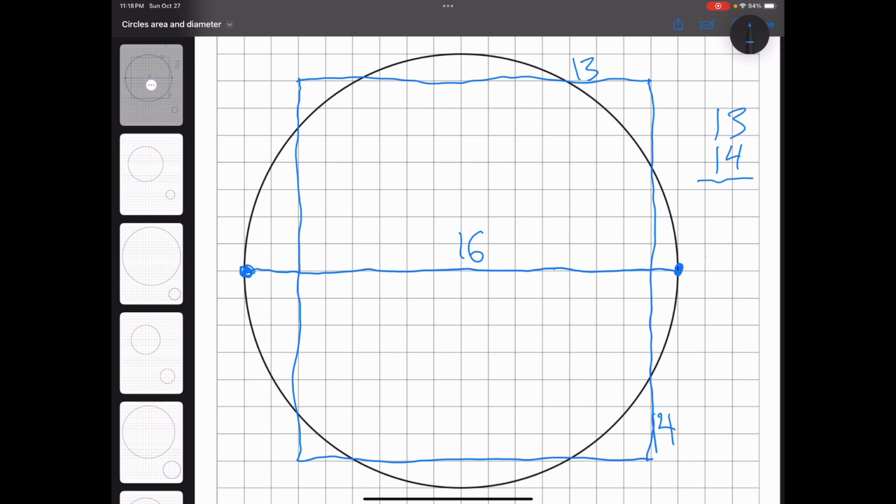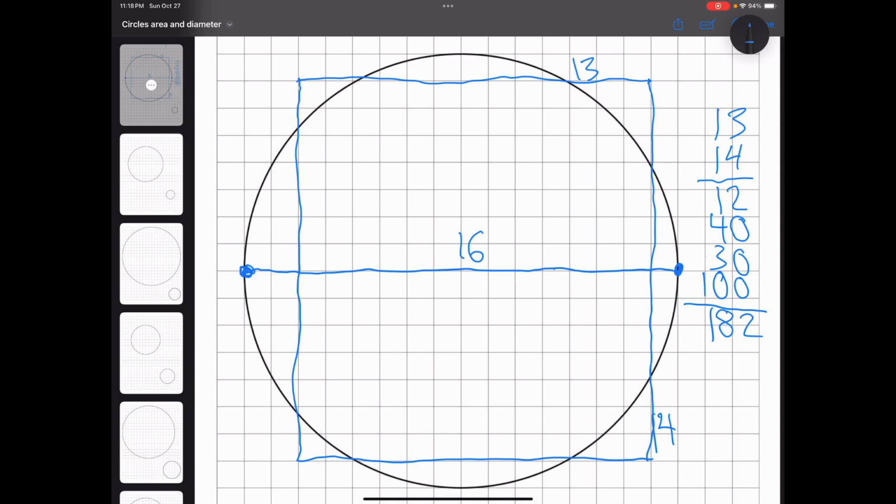So if we do 13 times 14, the approximation for the area is about 182.